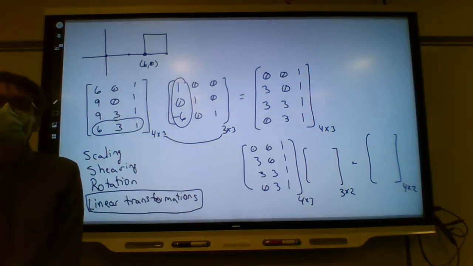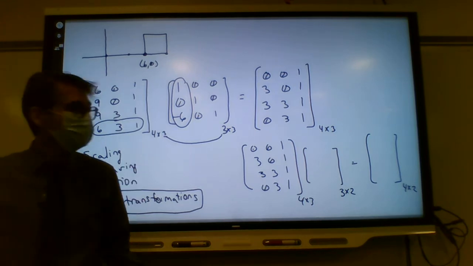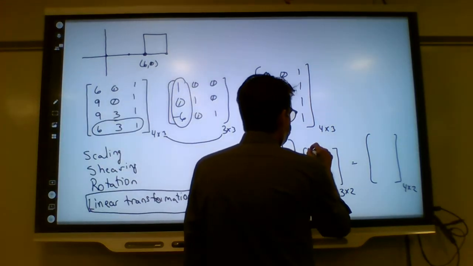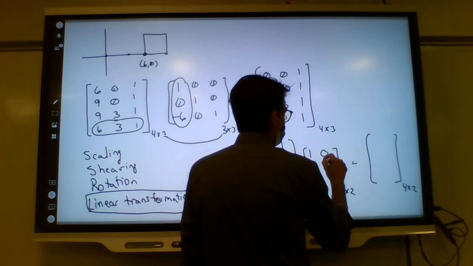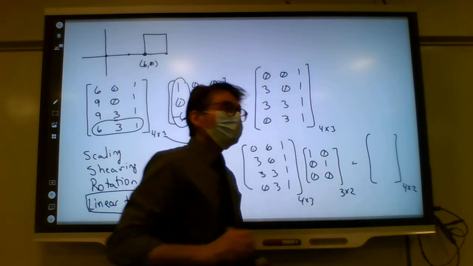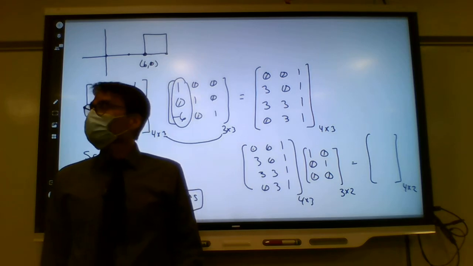What 3 by 2 do we want to multiply by? An identity that just doesn't have that last column, right? So we multiply by the 3 by 3 identity matrix without the last column.